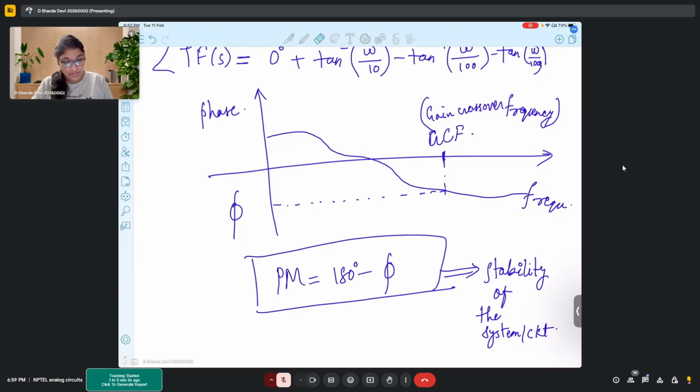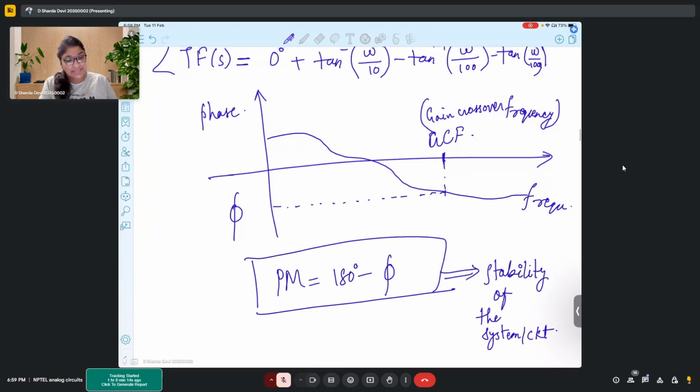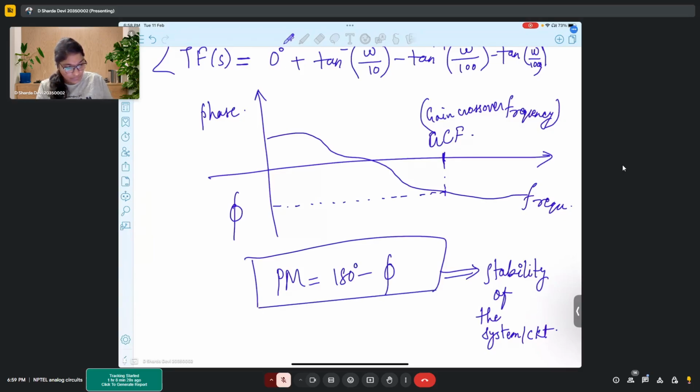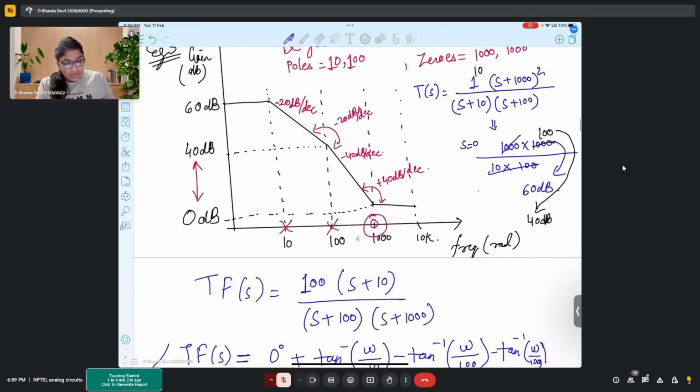Any doubts? What is per octave? Yes. What is per octave? Sorry, per octave? Octave per centimeter. Okay. What was the unit? Can you repeat once again? It's dB per octave, I guess, right?